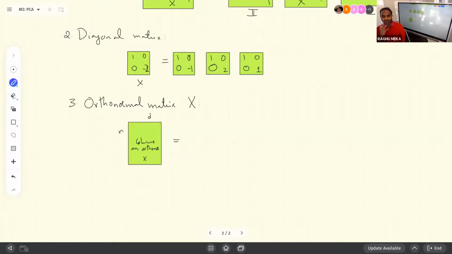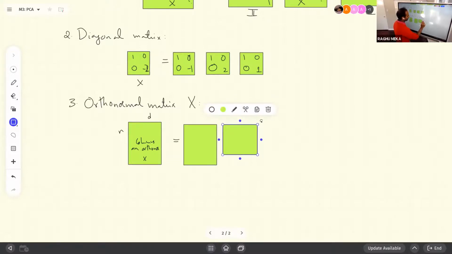Again, remember that all we need to do is to come up with this U sigma V which satisfy these conditions, right? So I can take a suggestion in the chat, I can take U to be x, and sigma to be the square identity, and V also to be identity.